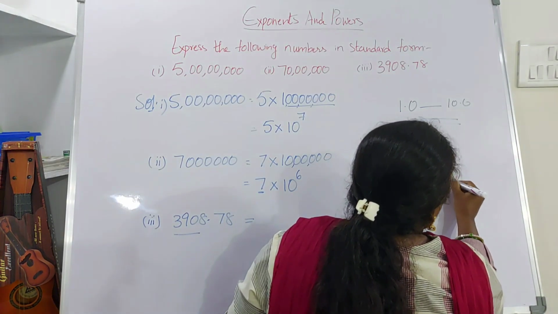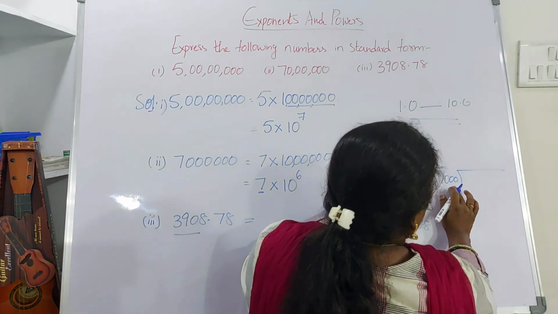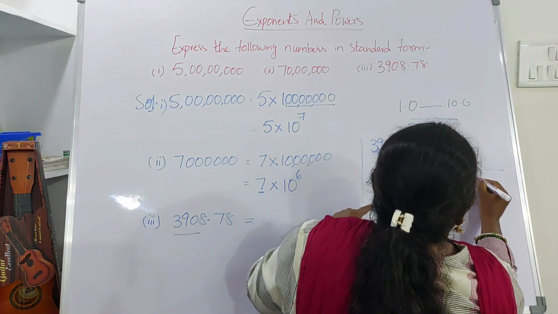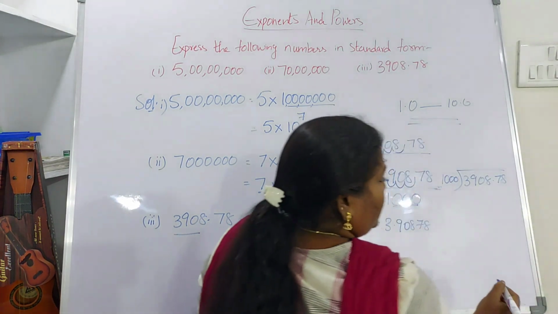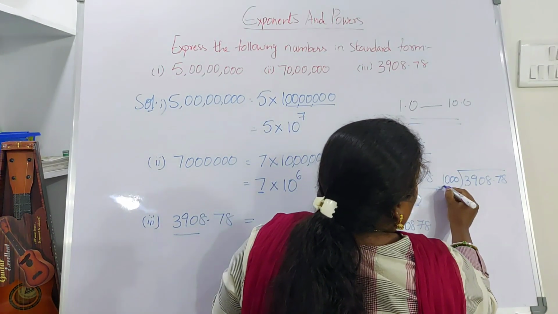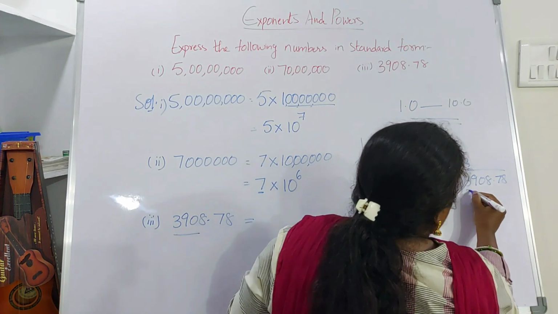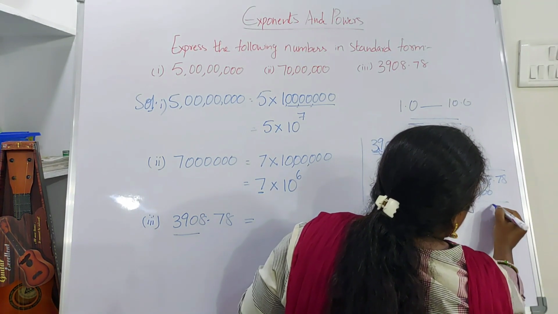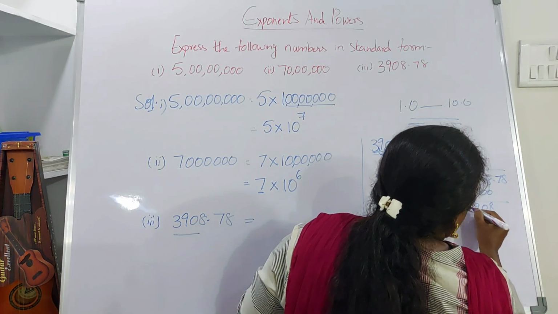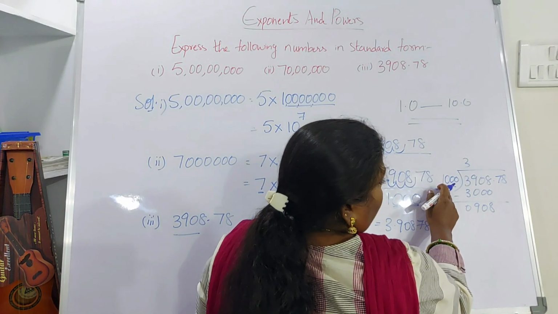Now if you want, you can check. The number 3908.78 divided by 1000. 1000 will go in 3 times, that is 3000. When you subtract, you are left with 908 and here 0. Now this is a smaller number, you can't divide with 1000.